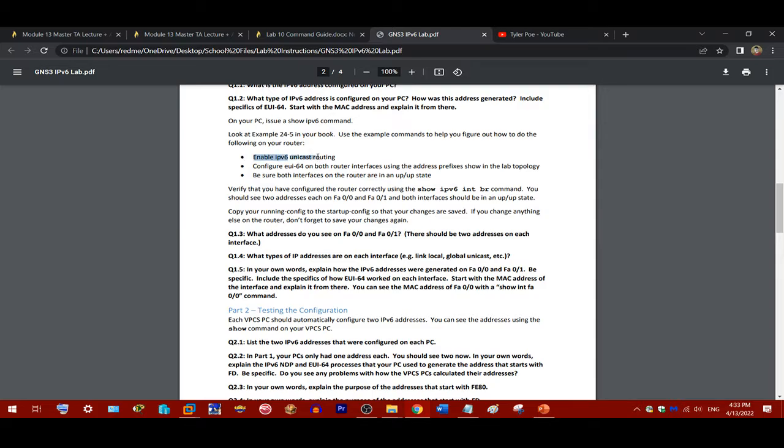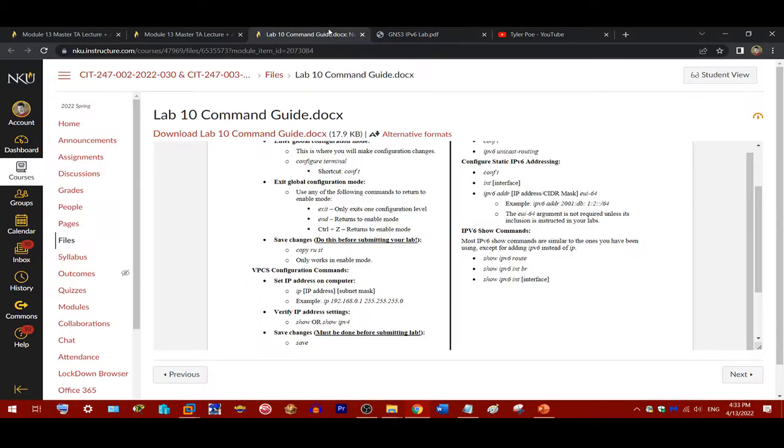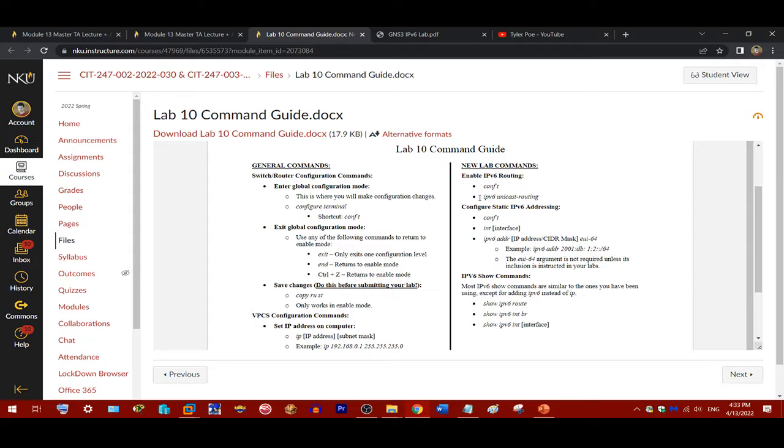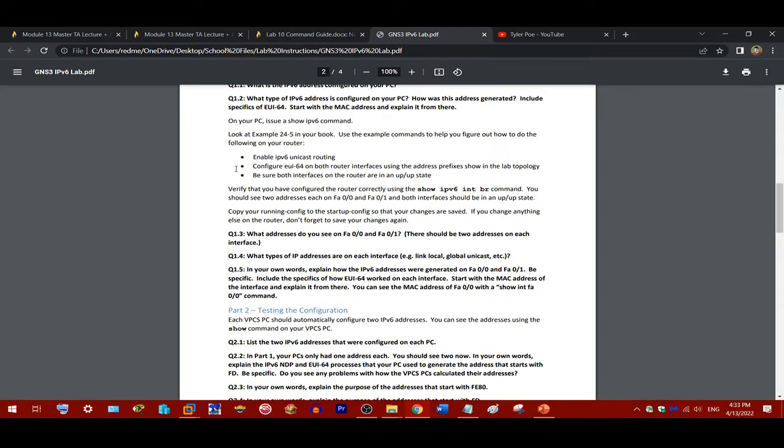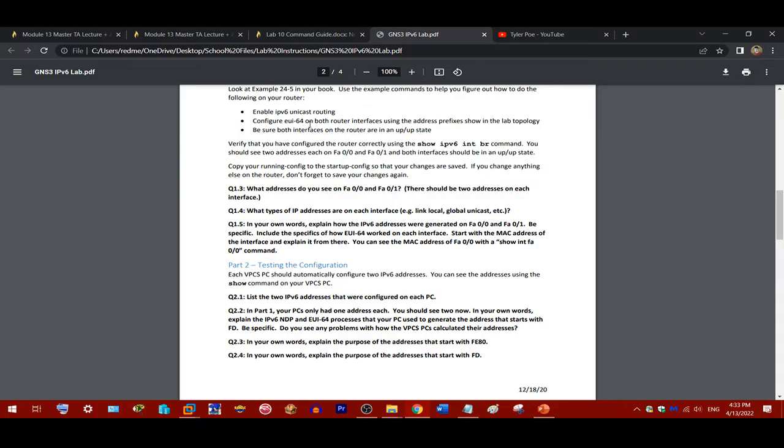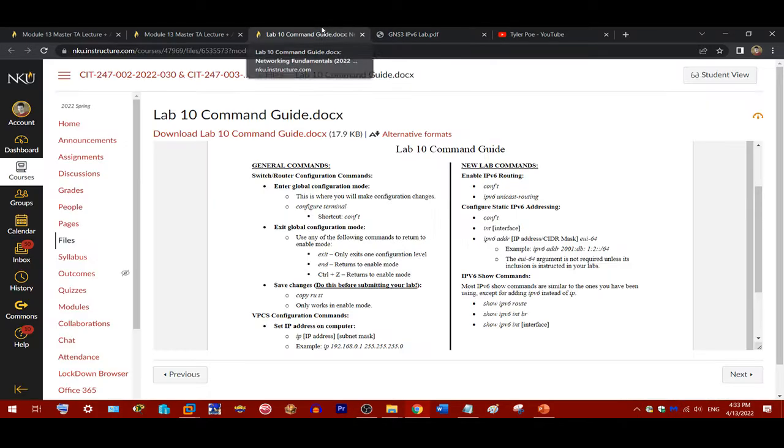Enabling IPv6 unicast routing is just this command, ipv6 unicast-routing, after you do the conft command. You'll configure EUI-64 on both routers. You configure static IPv6 addressing by going to conft, typing in the interface, and then using this command.